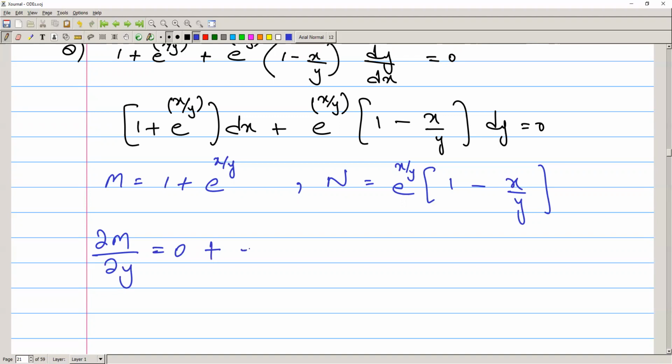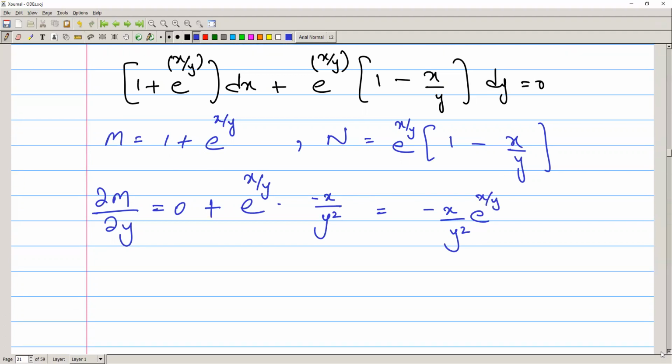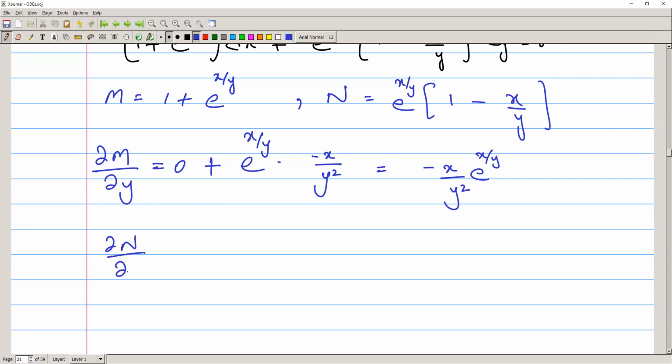This will be 0 plus e to the power x over y times the derivative of x over y, which means it will be negative x over y squared. So it will be negative x over y squared e to the power x over y.